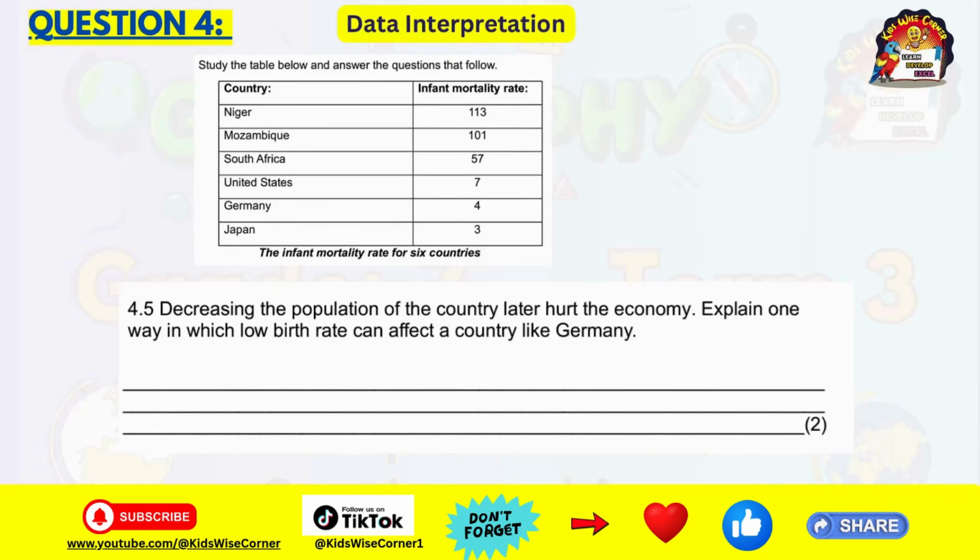Next question. Decreasing the population of the country later hurt the economy. Explain one way in which low birth rate can affect a country like Germany.